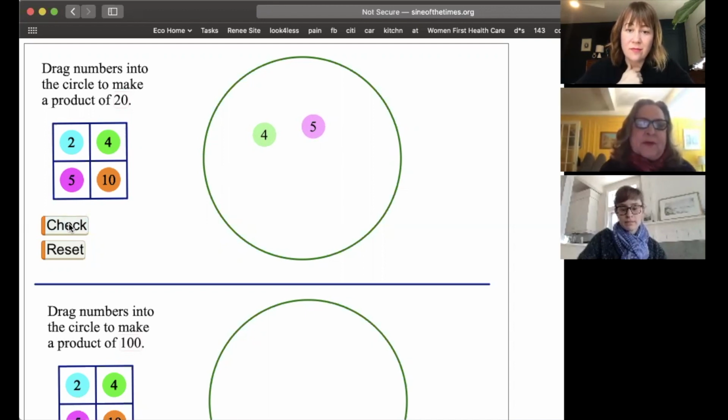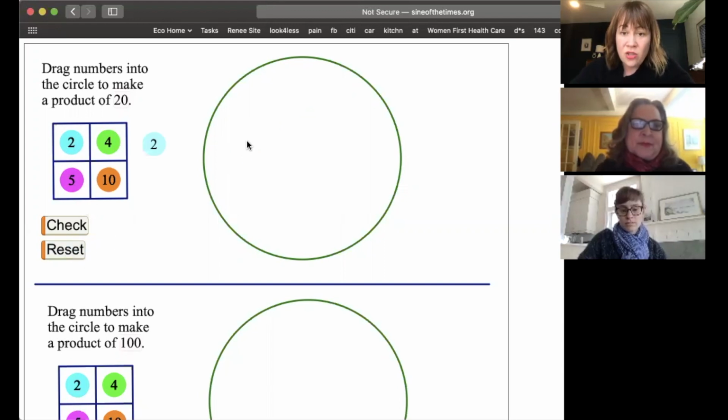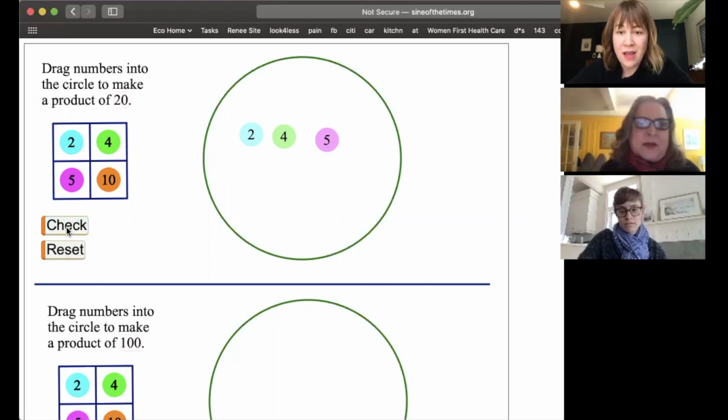I'm wondering if you could make the product of 20 with 3 factors. Ooh, that feels challenging, but I can try. Let me reset. Let's see, 2 times 4 times 5. Would that work? Check. Oh no, try again. I'm not sure where I should go next.